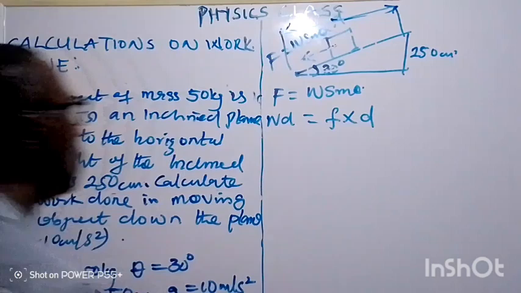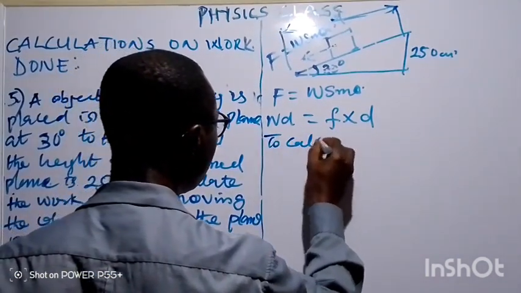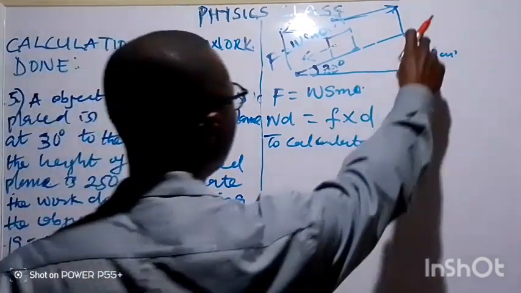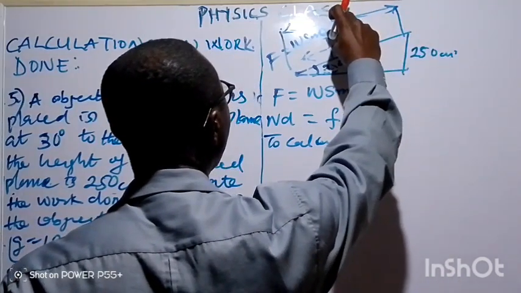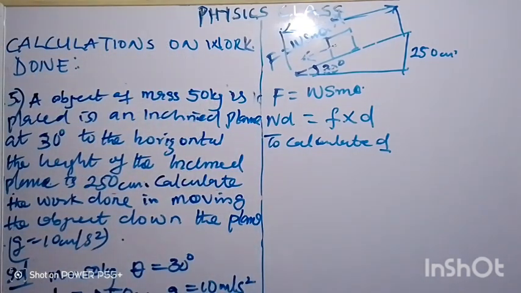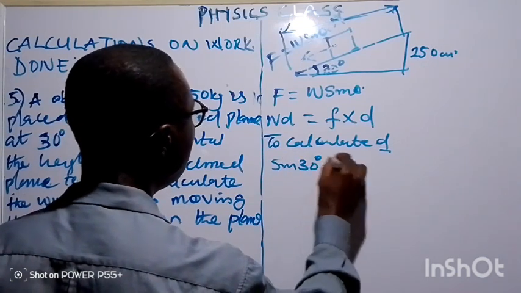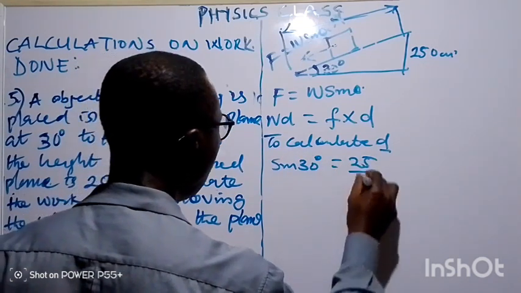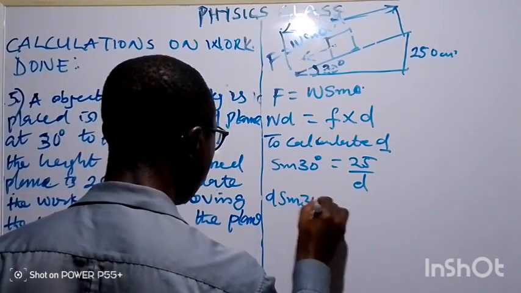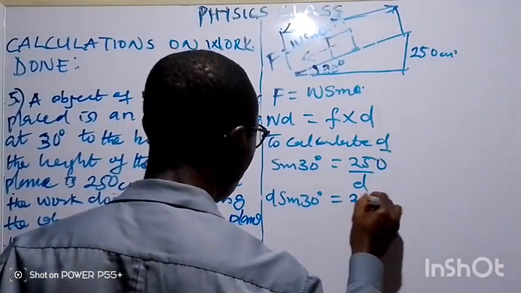To calculate D, if you consider this distance and this angle, that will be opposite over hypotenuse. So sine 30 degrees is equal to 250 over D. Cross multiplying gives D sine 30 degrees equal to 250.